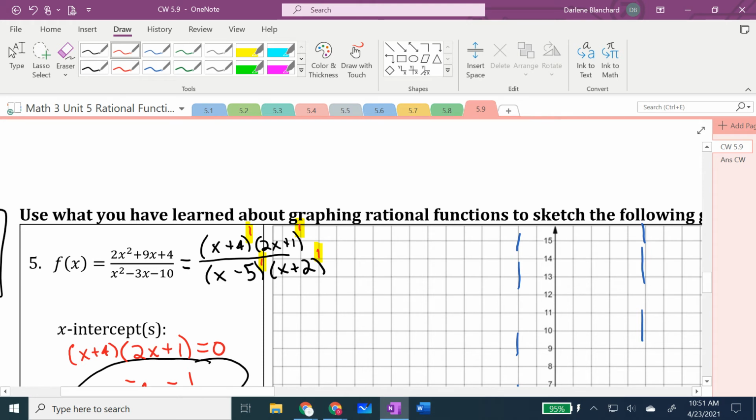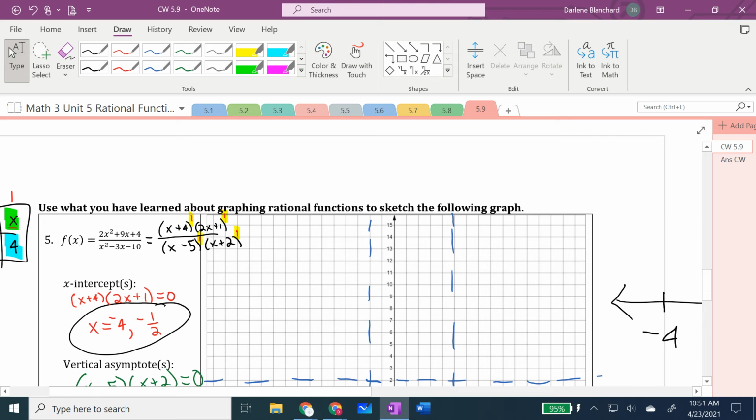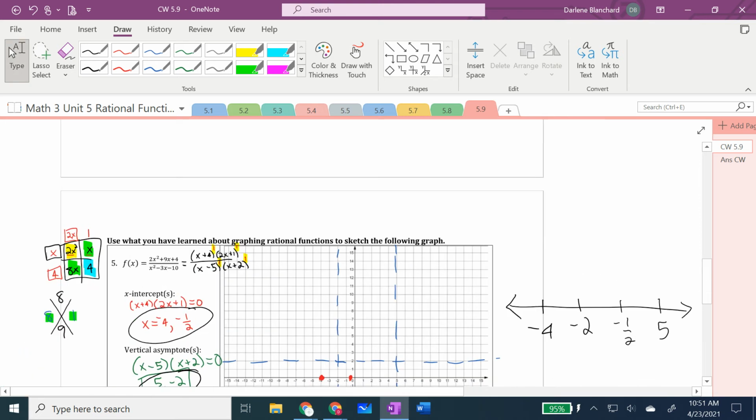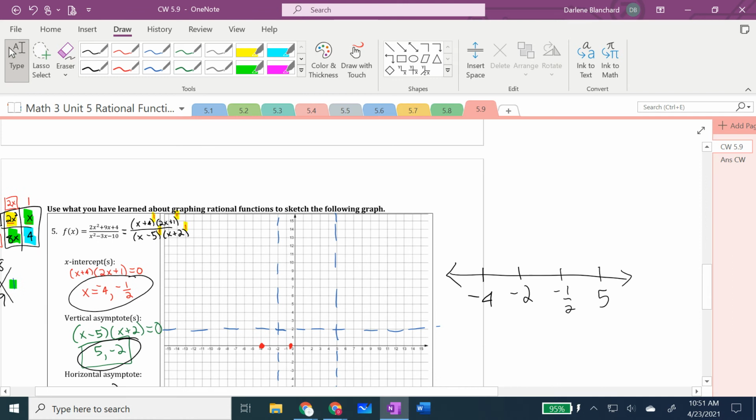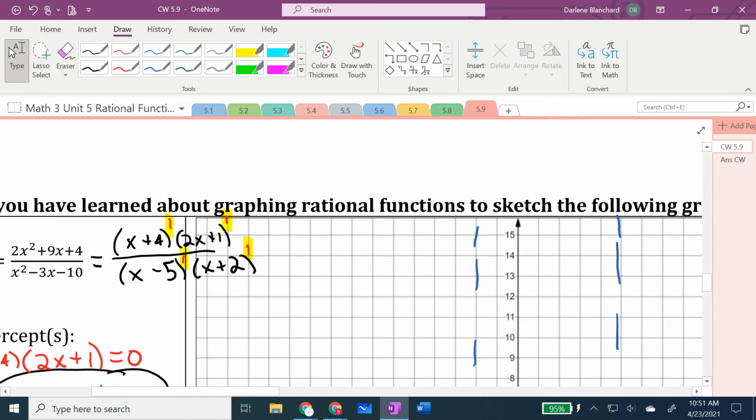If that is your situation, it will go back and forth between positive and negative. All you have to do is figure out one section, is it positive or negative? What I will usually do is I will look at x equals 10 because it's usually bigger than anything else. And I will look at these factors. I'm going to erase this.